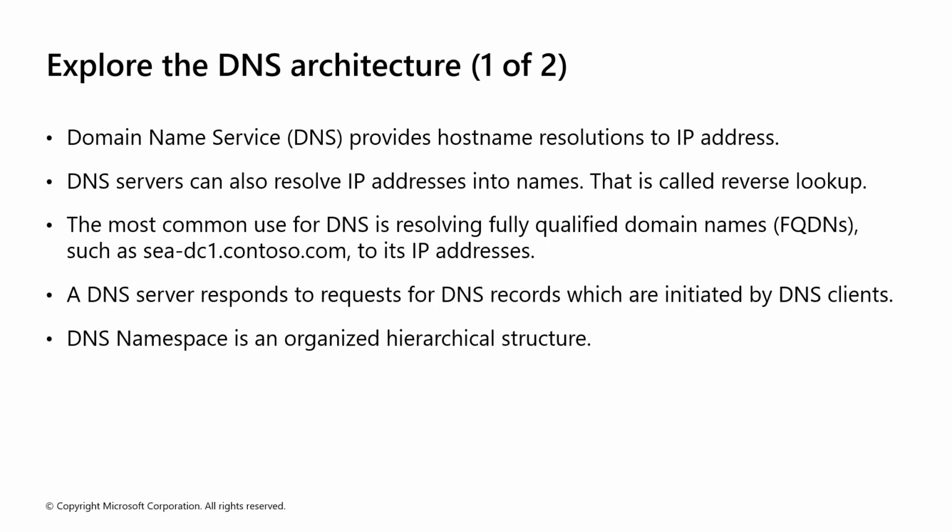The most common usage is resolving fully qualified domain names like server1.contoso.com to their IP addresses. DNS uses a hierarchical namespace and is the primary method for name resolution in Windows networks.